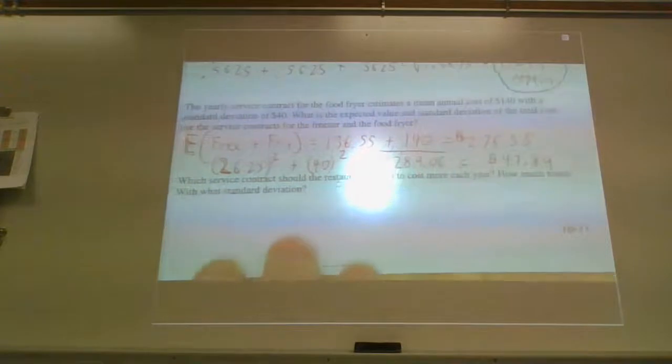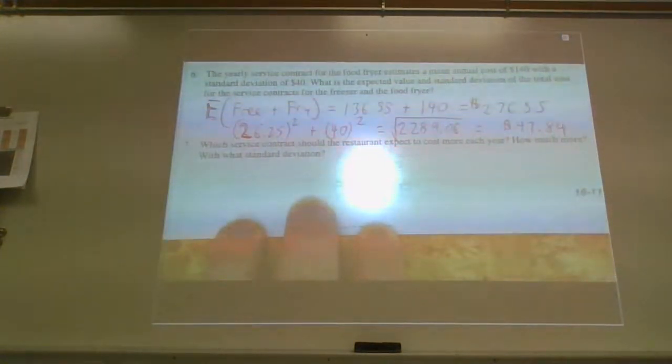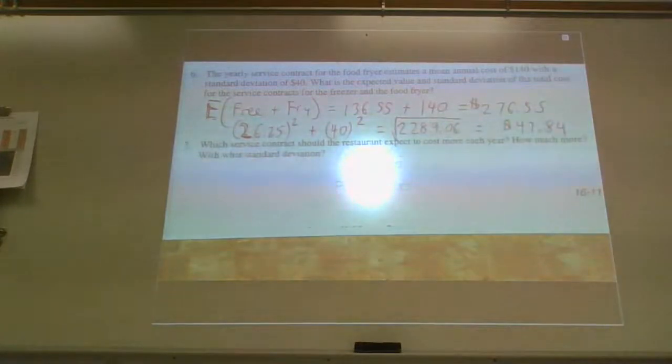But now number 7, which service contract should the restaurant expect to cost more each year? How much more? Well, clearly the food fryer is going to cost more. That's a given. But how much more?